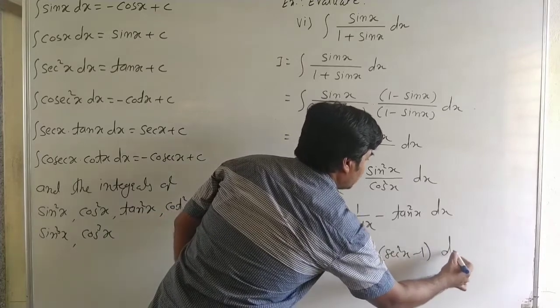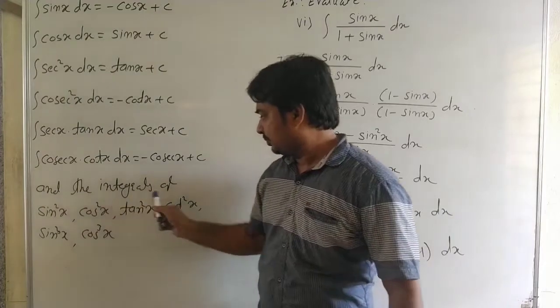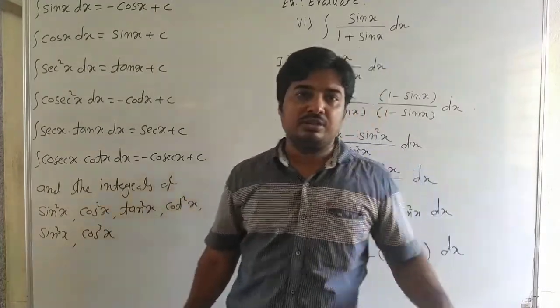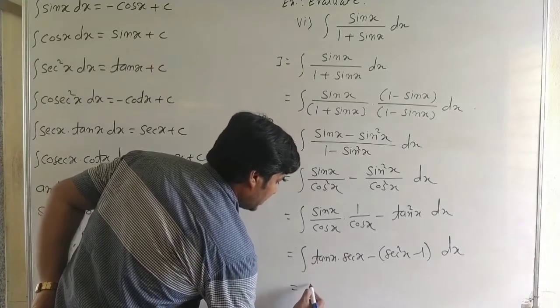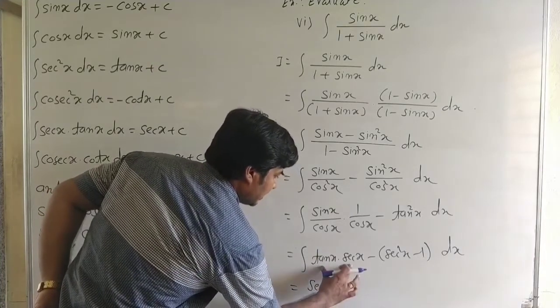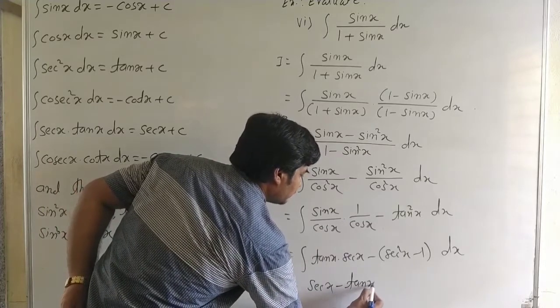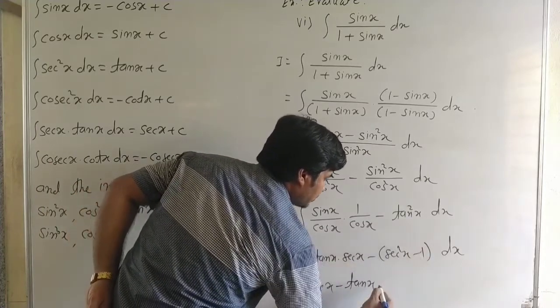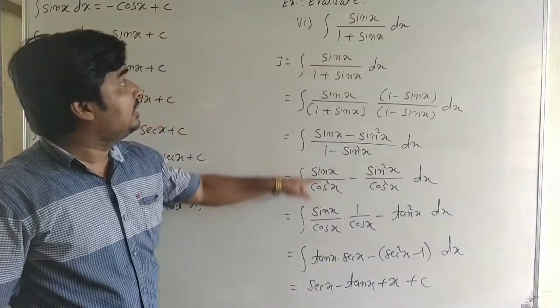It is the formula for tan square x. It is a standard form, but it is tan square x. We use the formula for tan square x, which is sec square x minus 1, and then the integral is sec x minus tan x, see carefully, and it is minus, it is plus 1, therefore last it is plus x and plus c. It is the integral of this term.